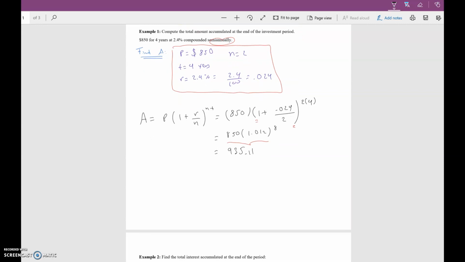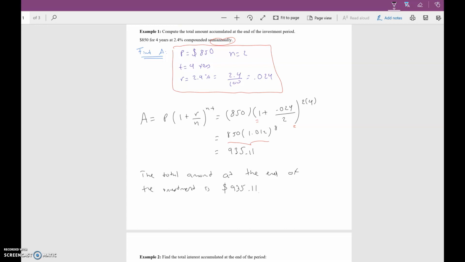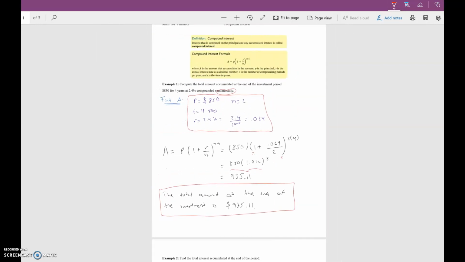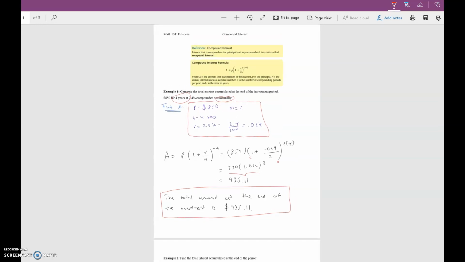So the total amount at the end of the investment is 935.11. So that's how much money they're going to have after the 4 years of this investment. Let me double check. 935.11. That is for the first one.